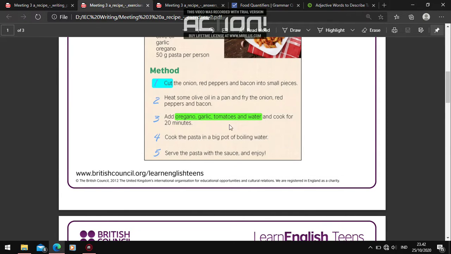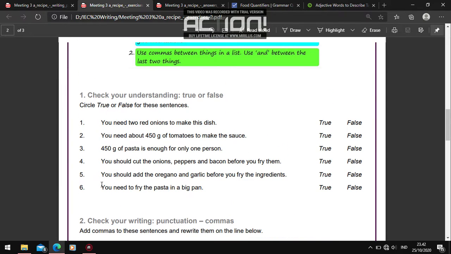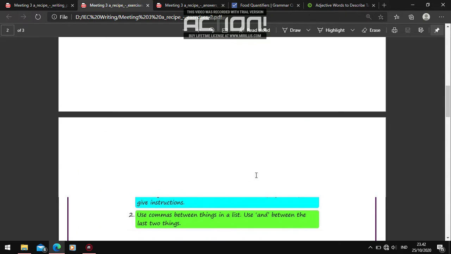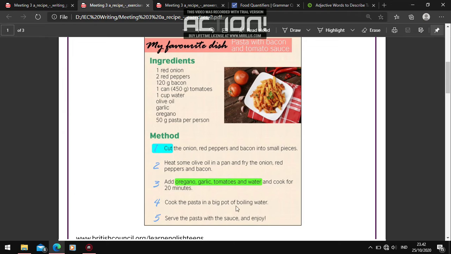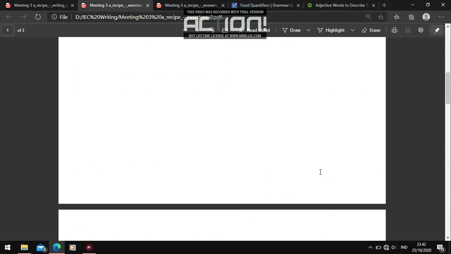So is it true or false? Yeah, that's false. But why here, Miss, is it big pot but it says cook the pasta? Yes, you cook it. But this one says fry.